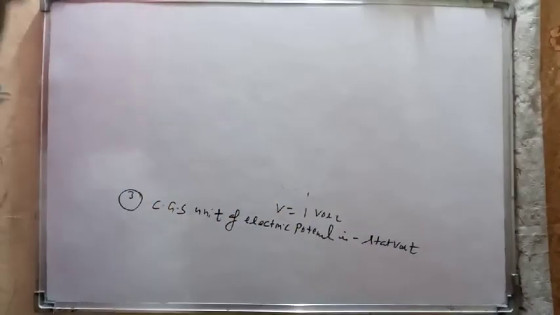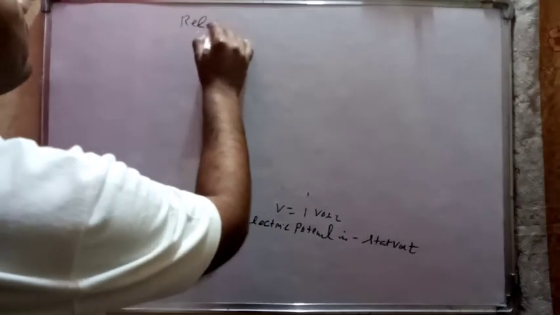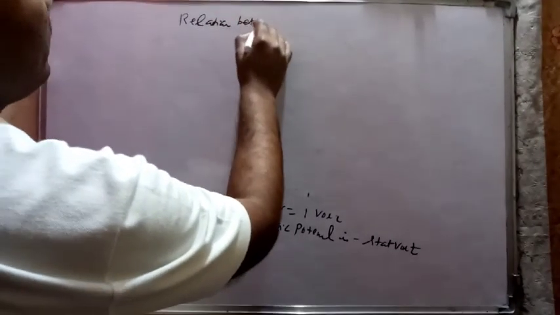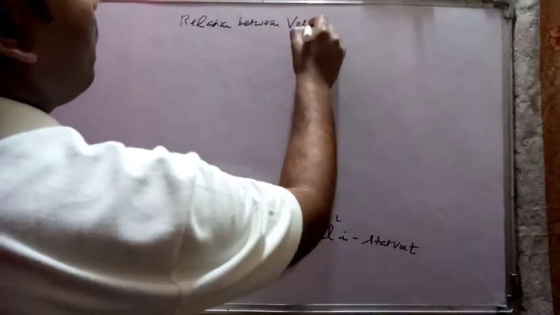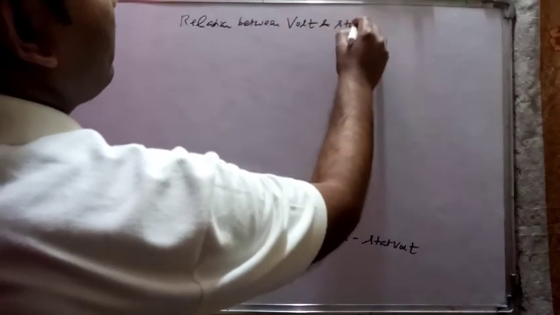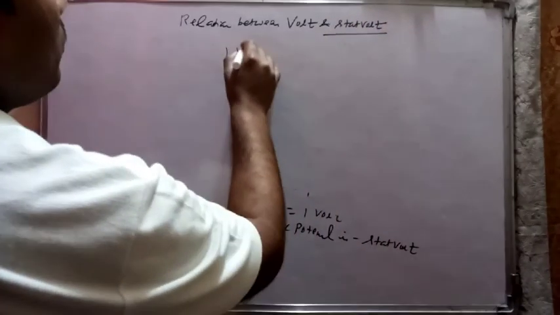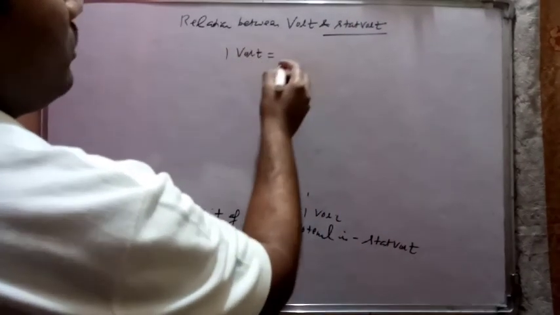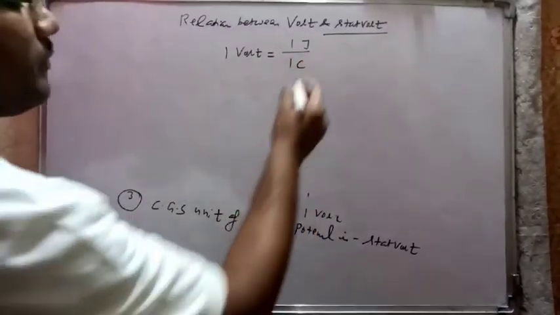Now, the relation between volt and statvolt. 1 volt is equal to 1 joule by 1 coulomb.